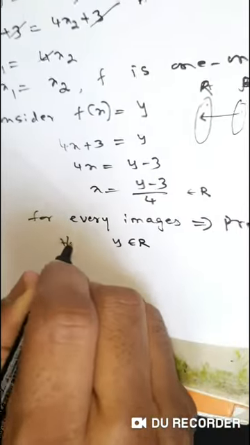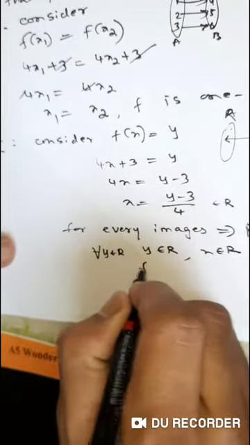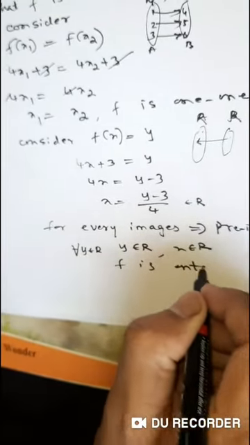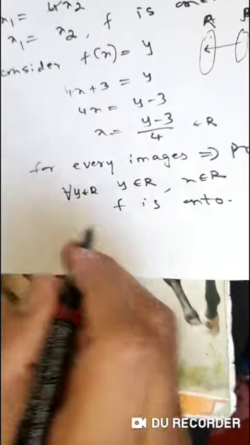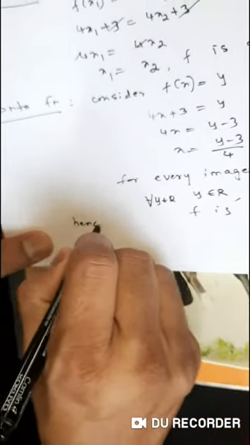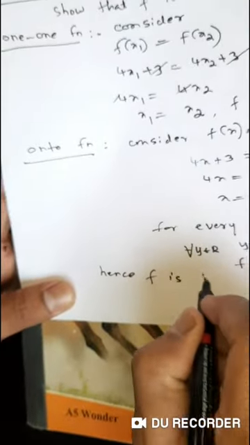For every y belonging to R, x also belongs to R. Then the function is onto. Hence the function is both 1-1 and onto, so it is invertible.